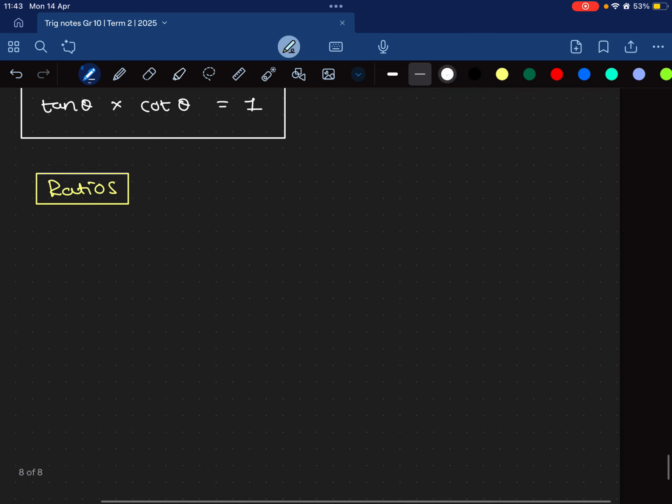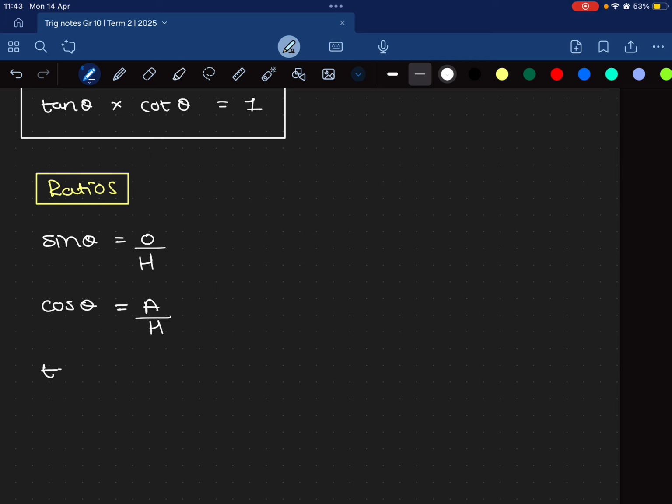So if we know that sine of theta is equal to opposite over hypotenuse, cos of theta is adjacent over hypotenuse, and tan of theta is opposite over adjacent, then we can use the rule that we learned earlier about what reciprocals are to find the ratios for those reciprocals.